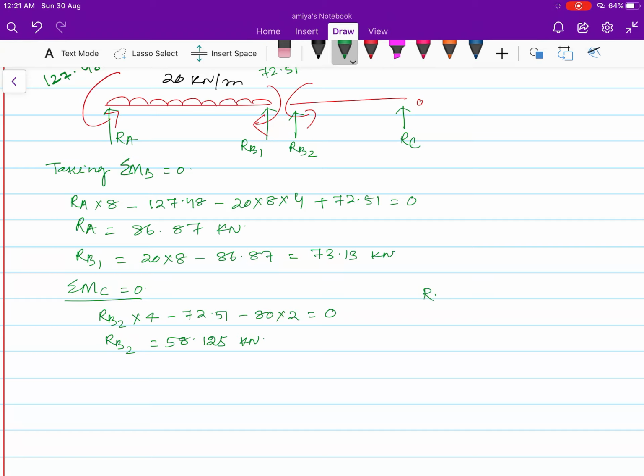So the total reaction at B will be 73.13 plus 58.125, which is 131.25 kilonewton.